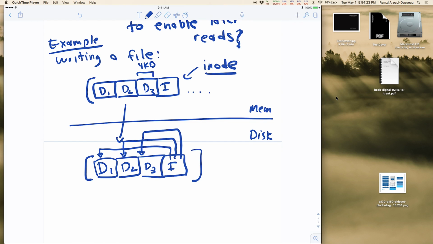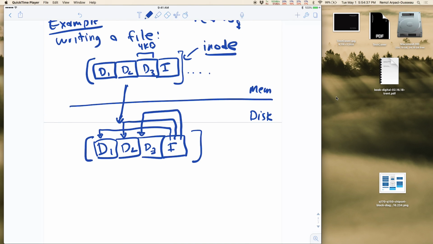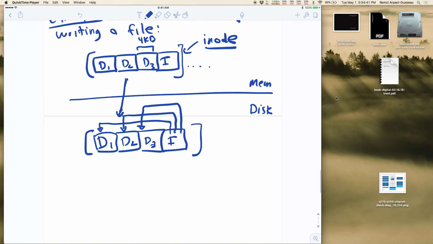So we buffer a bunch of stuff in memory in one of these LFS segments, just big chunks of data, and then at some point we decide to write it out, and this is what it's going to look like. So any questions about that? Does that make sense?